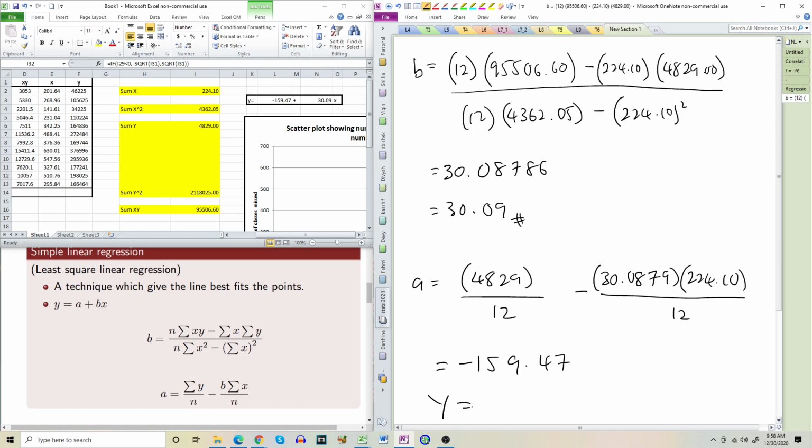So your y is 30.09x minus 159.47. This is how you compute your regression line.